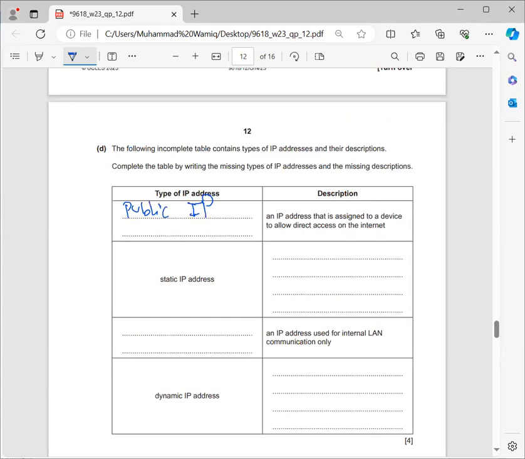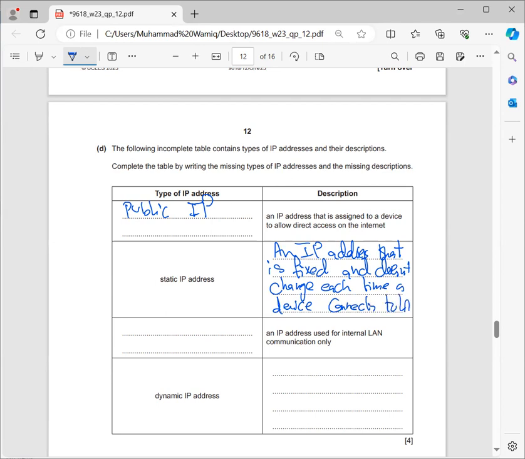Static IP address: an IP address that is fixed and doesn't change each time a device connects to the LAN.